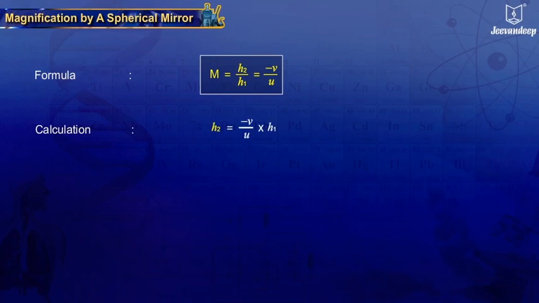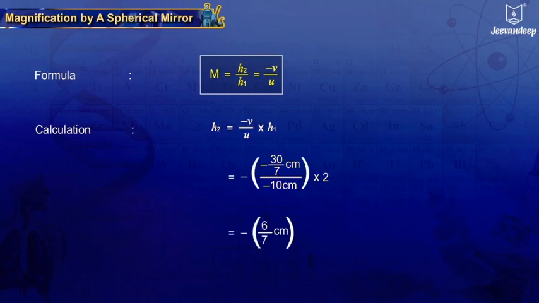Thus, h2 = (-v/u) multiplied by h1, or (30/7) divided by (-10) multiplied by 2, which is equal to -6/7 centimeters.